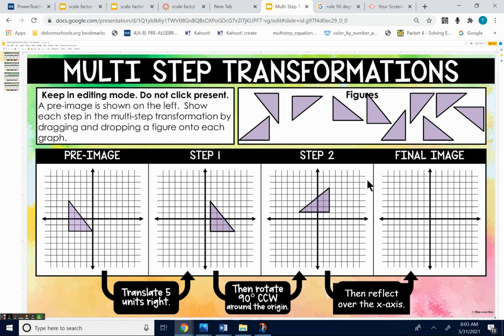Okay, so let's see, it would have to be on the right one. Okay, I lost it.